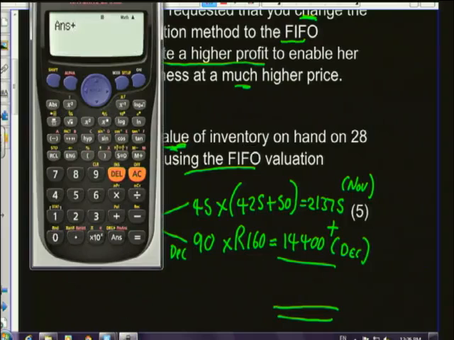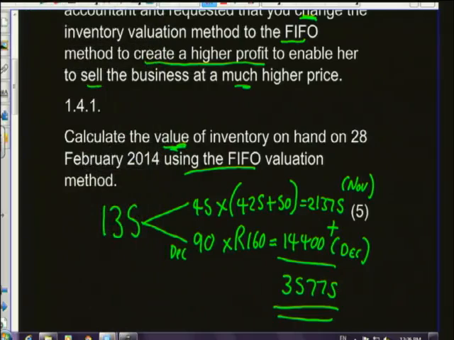Okay, so let's do that, plus 14,400. Right, and there we go, my value 35,775. Okay, right, let's now move on.